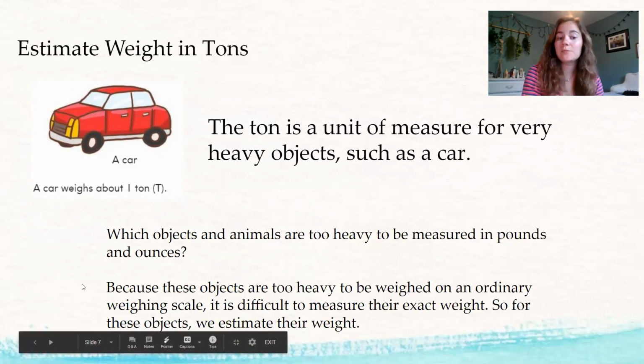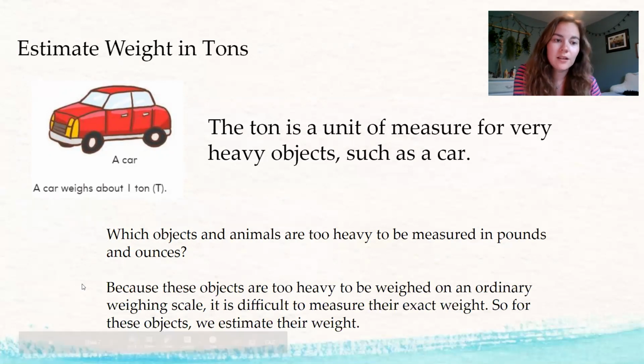So because these objects are too heavy to be weighed on an ordinary weighing scale, it's too hard to put a car on a scale, right? That wouldn't fit, it's too big. It is too difficult to measure their exact weight. So we use estimation for these objects.